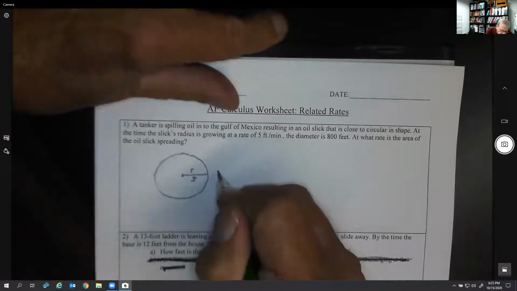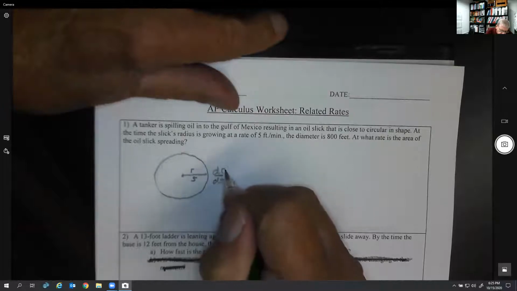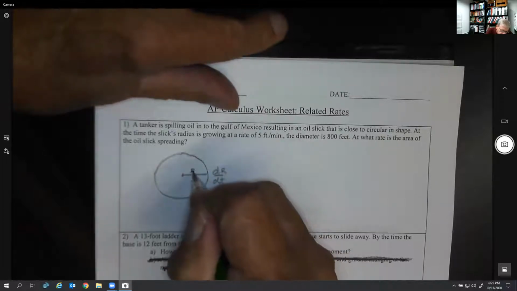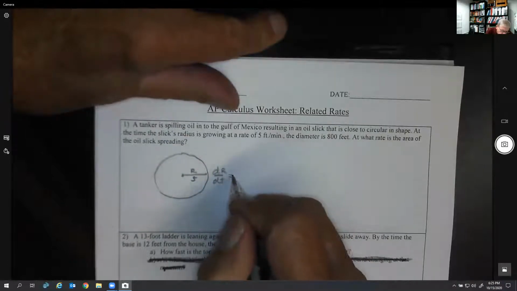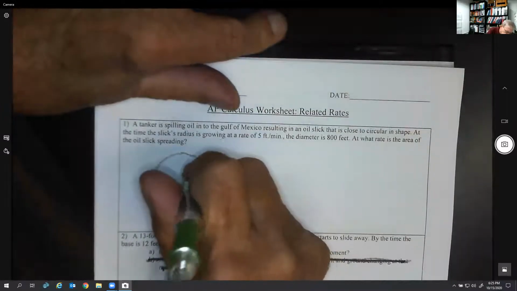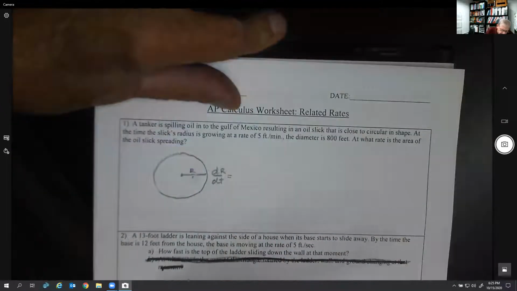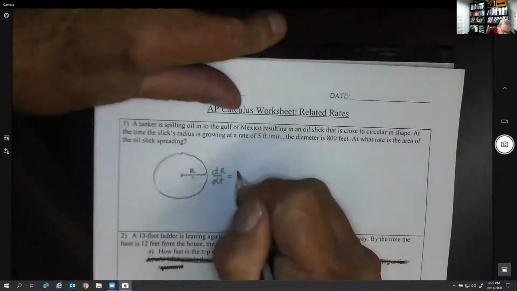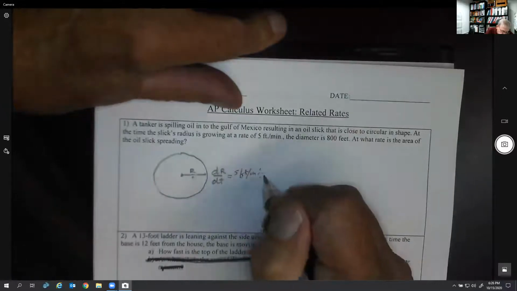This is R. The rate at which that's increasing, dr over dt, I like to use a capital R myself, is equal to... this isn't 5, this is just a rate. Okay, we'll get that. The radius is increasing at a rate of, here's the 5 feet per minute. It's increasing very rapidly.